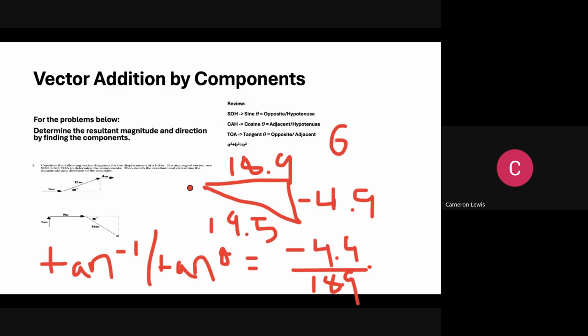So for an angle, most likely going to get something negative. Yes. So now I got negative 14.5.